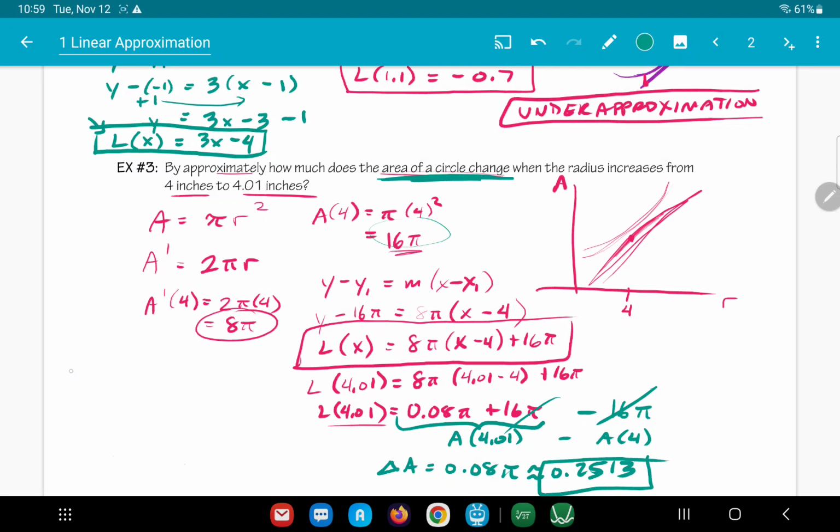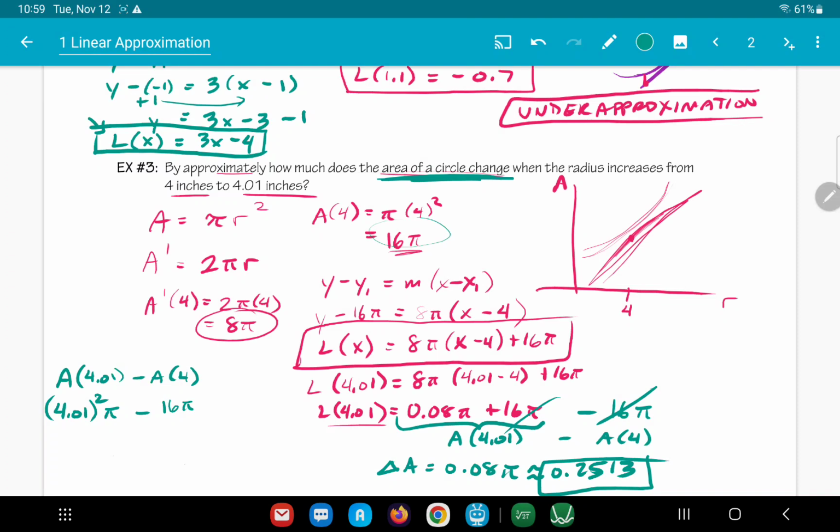So to do the actual change in area, remember what we can do is the area of 4.01 minus the area of 4. And so if I actually plug in 4.01 into our pi r squared formula, and then plug in 4, right, which is 16 pi, just like that. Let's see what we end up getting.